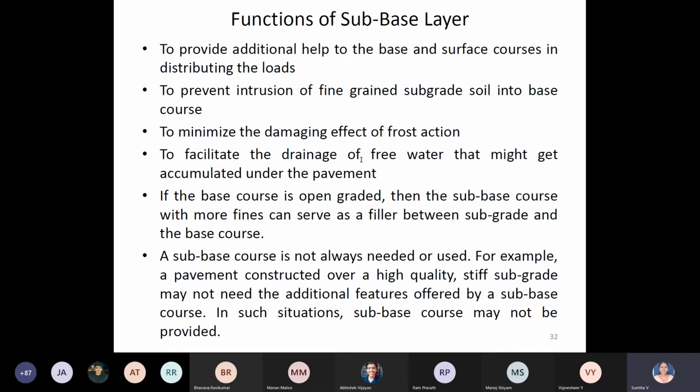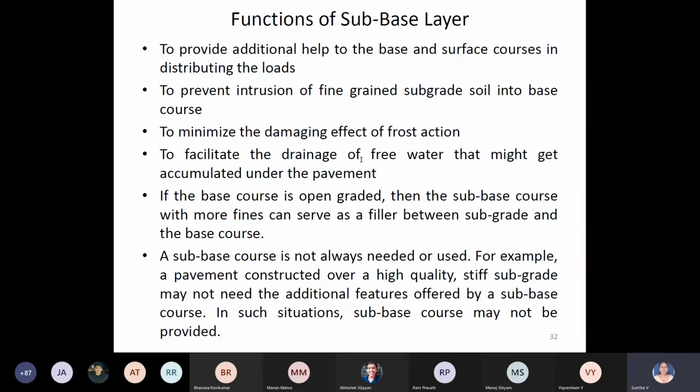To avoid that, you can have this subbase in between, and this will reduce the effect of frost action, because one of the properties of the subbase is to have drainage properties. There will be a lot of voids, or you will be checking for permeability also. That's why it facilitates the drainage of free water that might get accumulated under the pavement.